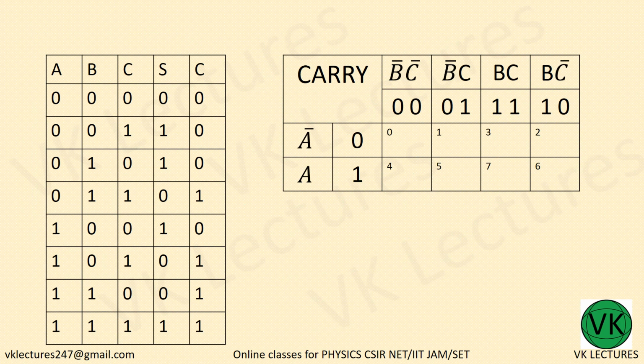Coming to the carry, carry has these values we have already seen. So wherever there is 1, let us write down the numbers: 0, 1, 2, 3, 4, 5, 6 and 7. So 3, 5, 6, 7.